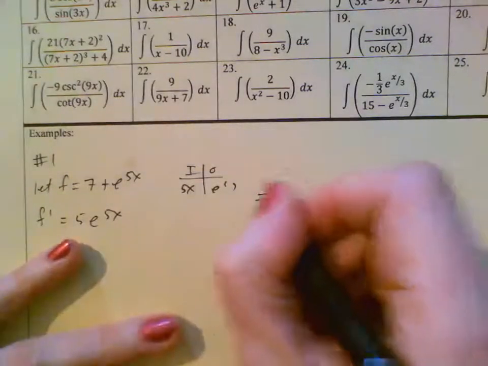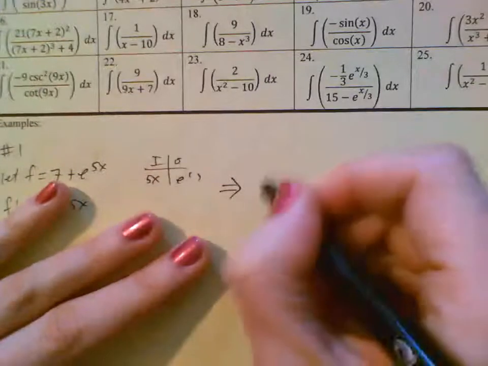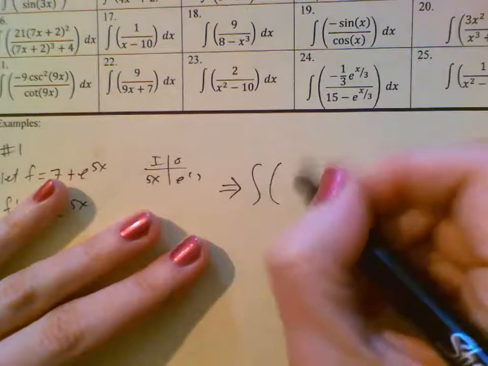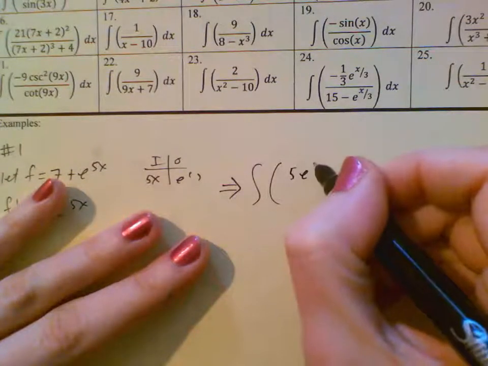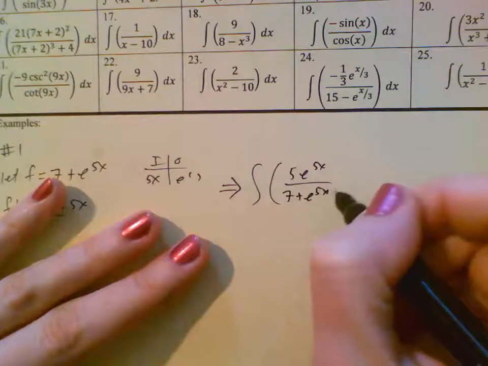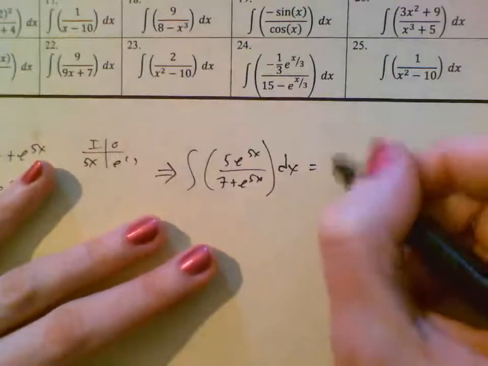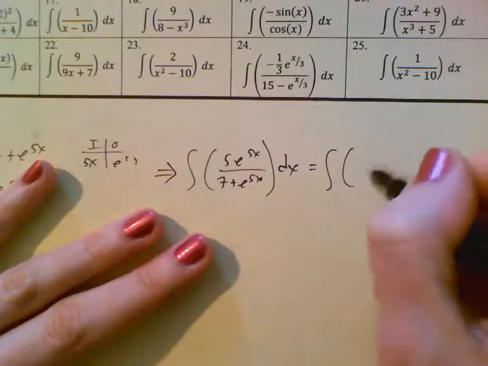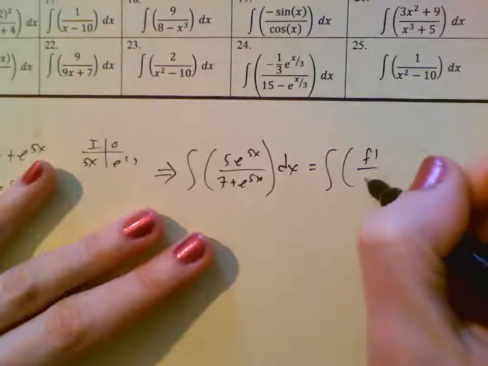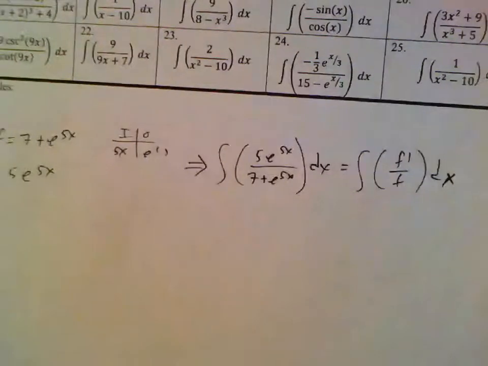Okay, so maybe I'll just go like this. I'm just trying to think of how I could write this nicely for you. The integral of 5e to the 5x dx is equal to this, okay?